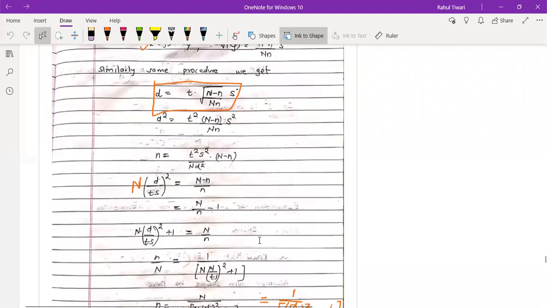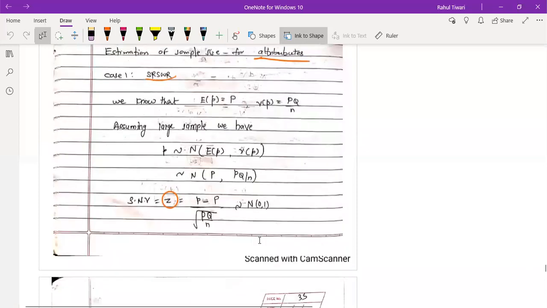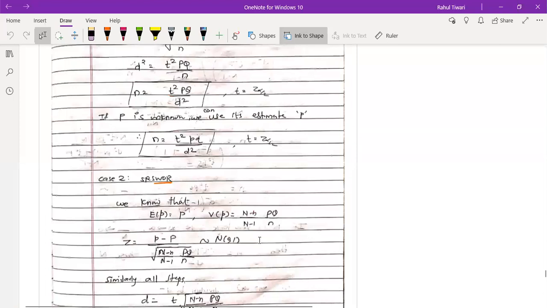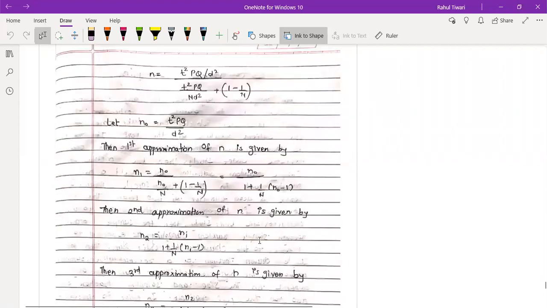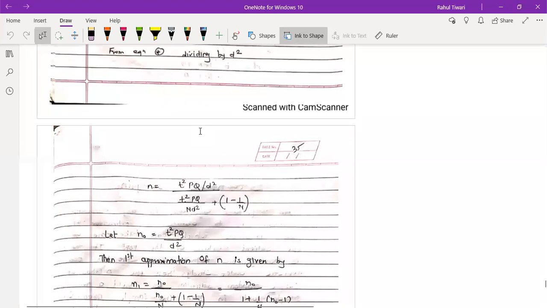So sometimes they will ask you this result also: show that if capital N is large, then the sample size in WOR and WR is the same. You should know all this, a very simple question. And then they can ask for derivations like approximations. So I think this is the whole overview of basically unit 1.